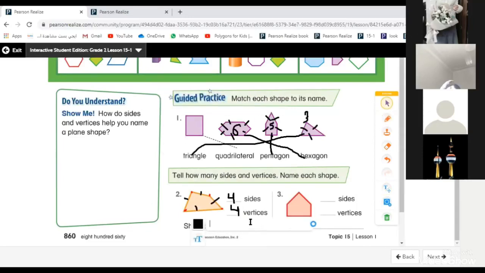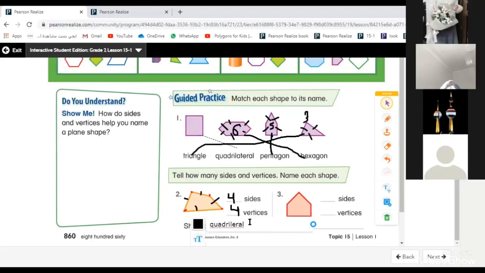We call that quadrilateral. Repeat after me. Quadrilaterals.